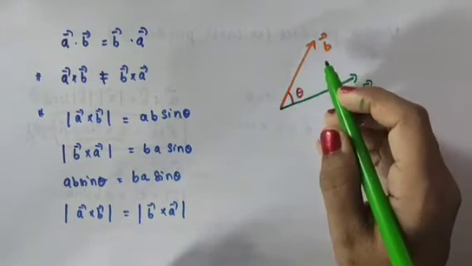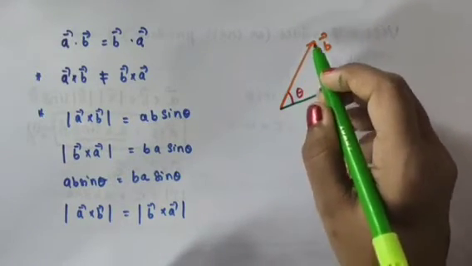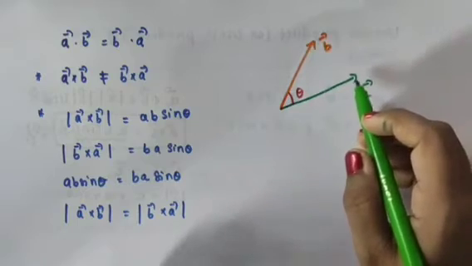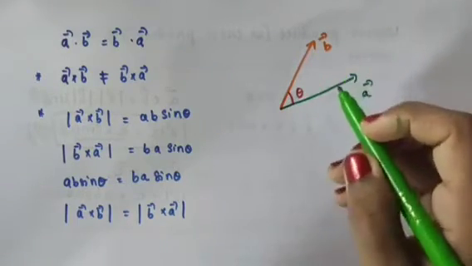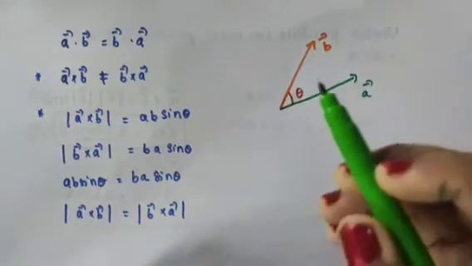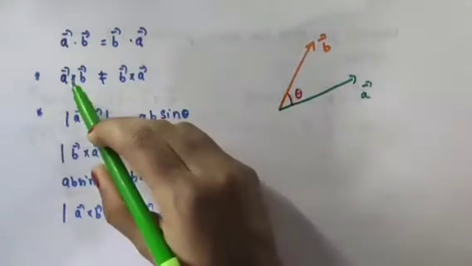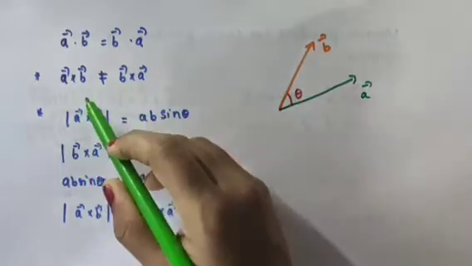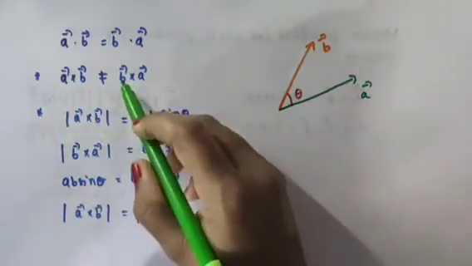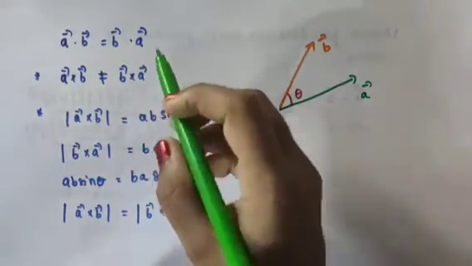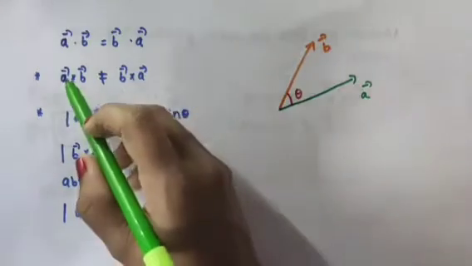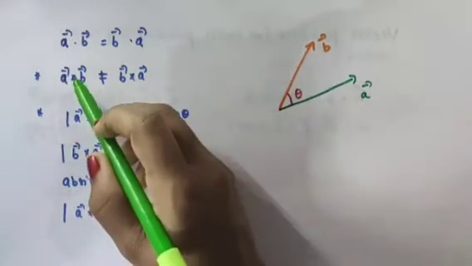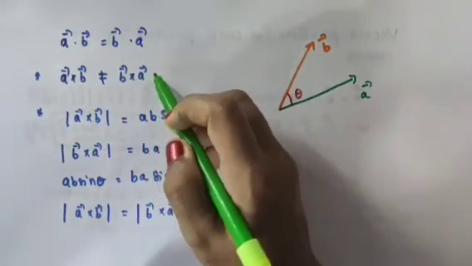So we're coming to this diagram itself, or to this theory only. Previously we understood that A cross B and B cross A magnitudes remain the same, but what about the direction? It means the directions are opposite to each other. So B cross A is nothing but inside the plane, and A cross B will be outside the plane.